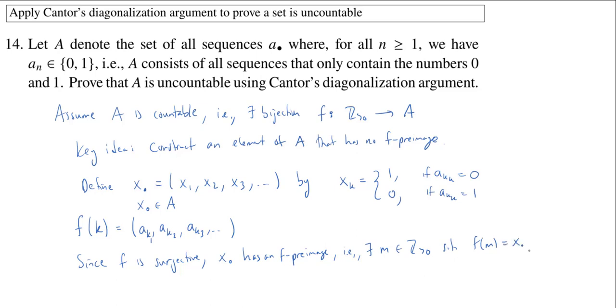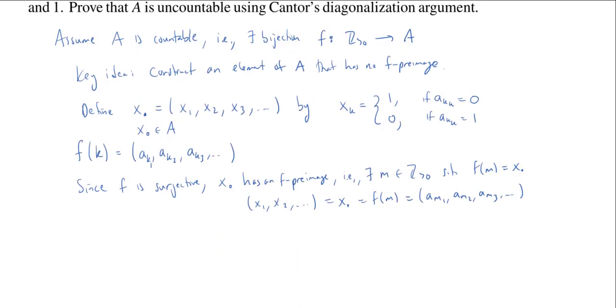Okay, but here's what we know. x is equal to x1, x2, etc. And x dot is equal to f of m, and f of m is the sequence a_m1, a_m2, a_m3, etc. So I have two sequences, one on the left, one on the right, and they're equal, which means they're equal in every single component. But if they're equal in every single component, then for sure they're equal in the mth component.